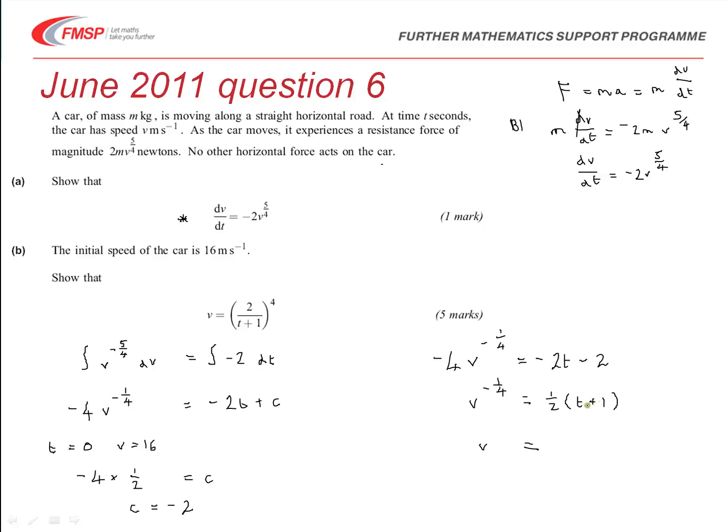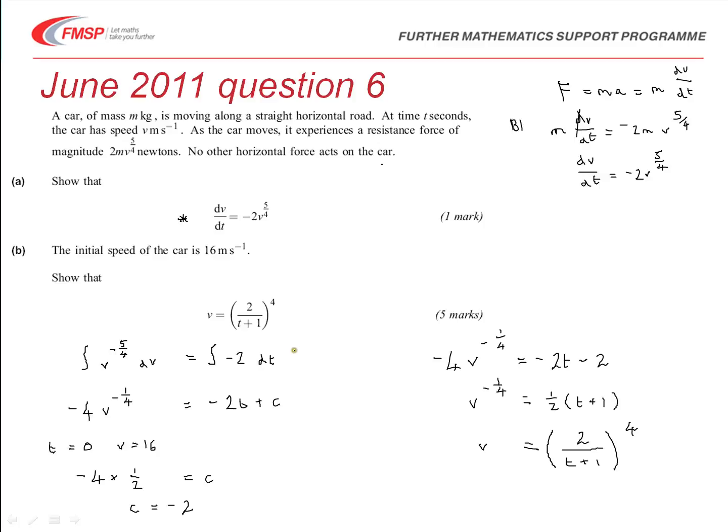Well, the t plus 1 times a half, we can think of that as t plus 1 over 2. So when we do it to the negative, we're going to get 2 over t plus 1. And then we need to do that to the power of 4. Yep, and there we are, and we're finished.